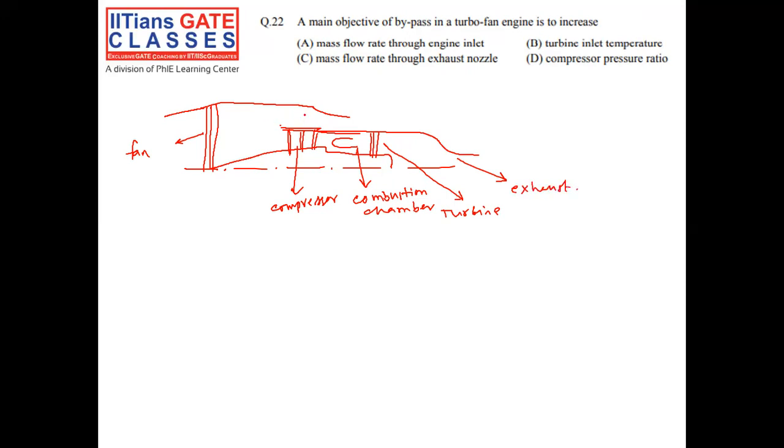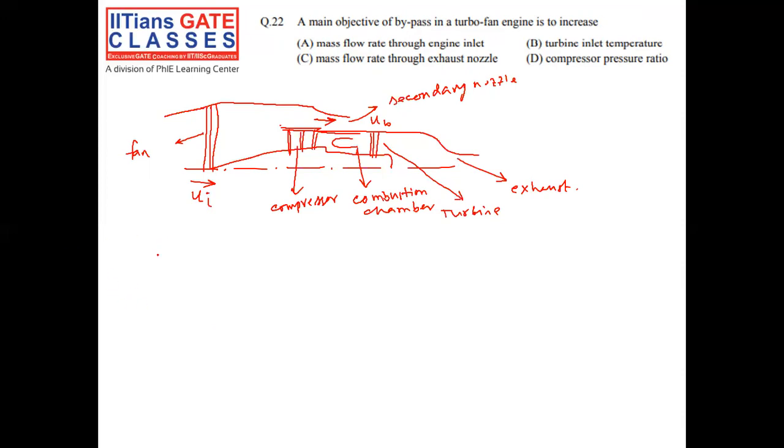And in a turbofan engine, there is another bypass nozzle, which is this one. A percentage of the main mass flow rate which is being sucked by this fan is passed through this bypass nozzle. So this is the secondary nozzle or bypass nozzle. And this is the inlet velocity, UI.